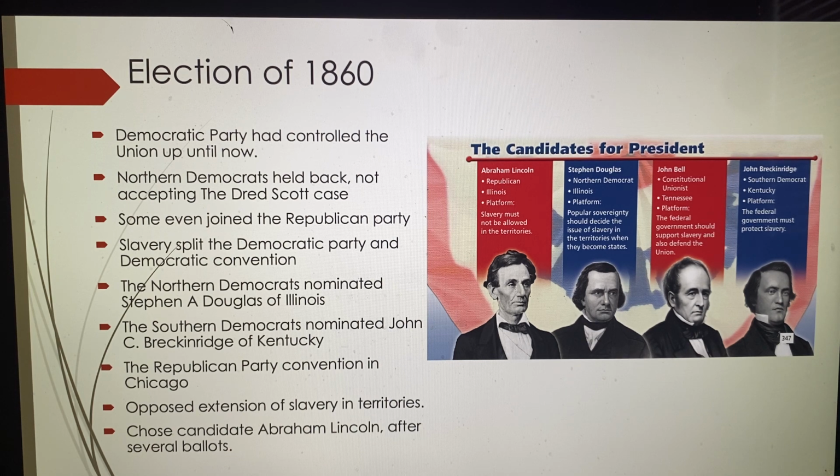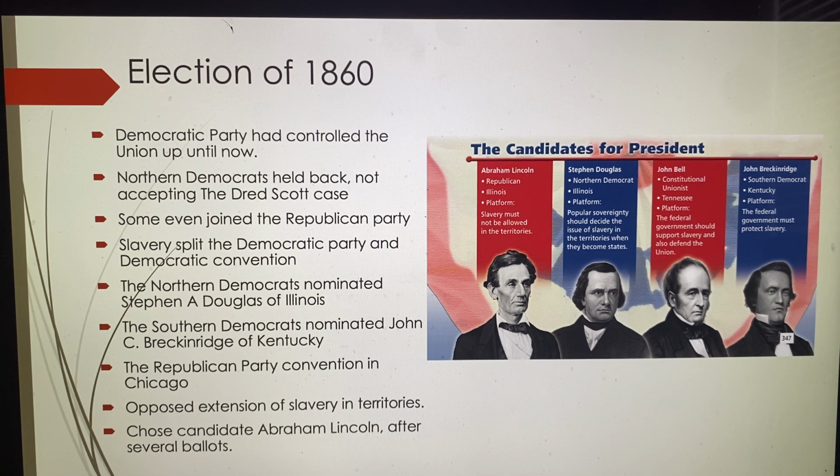We already heard about the Lincoln and Douglas debates, right, between these two guys. The Northern Democrats nominated Stephen Douglas. That's Stephen Douglas. The Southern Democrats nominated John C. Breckinridge of Kentucky, and he was definitely pro-slavery.